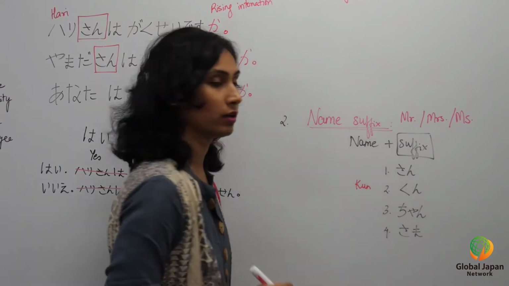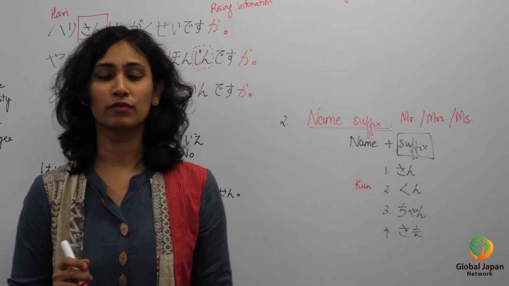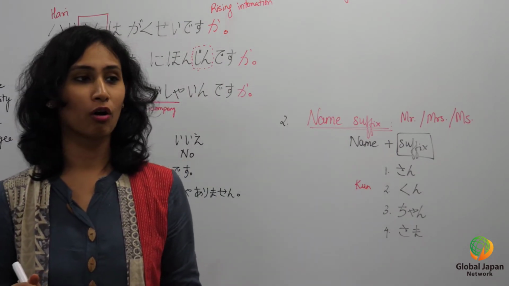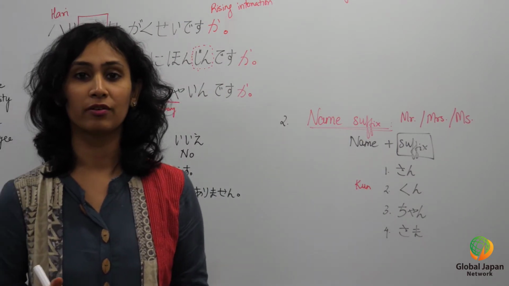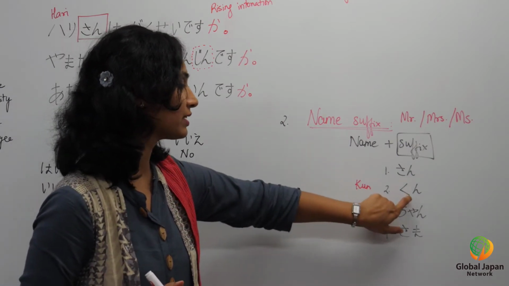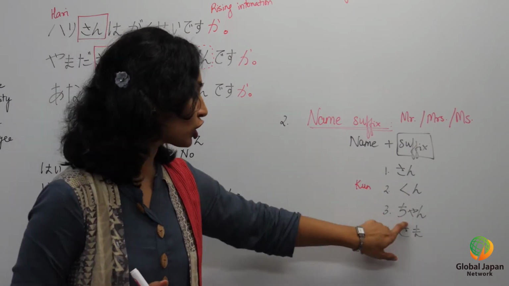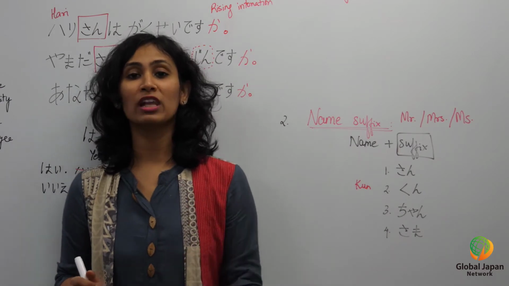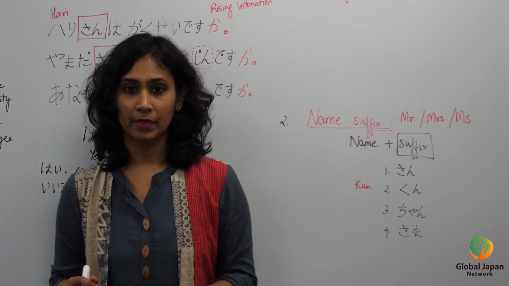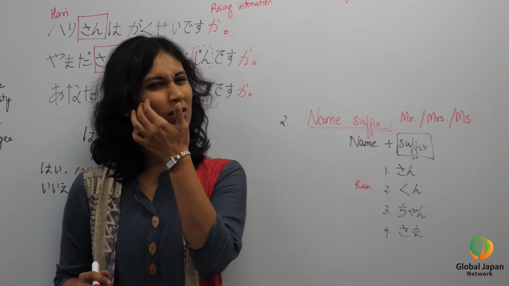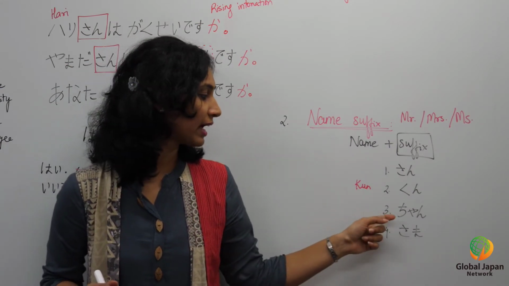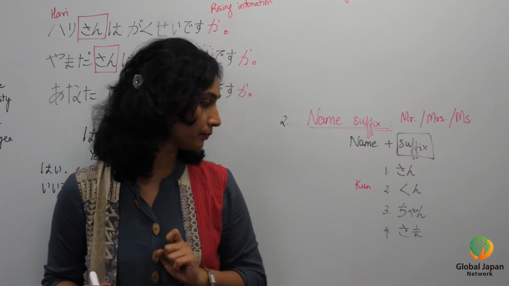It's read as kun. Kun is generally used for male friends or male students. When you address, you will attach the suffix kun. Chan: whenever you're calling young children, generally 10 to 12 years old, you could attach the word chan.